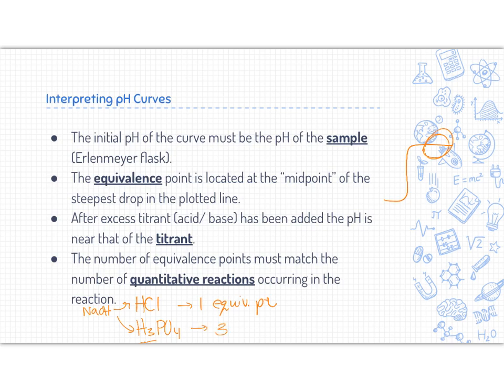It has 3 H's, or 3 quantitative reactions. Therefore, it's going to have 3 equivalence points. So it has 3 steps is what that's saying. 1, 2, 3. Those are the equivalence points. And I want to stop titrating at the end when I have reduced all of the acidic H's.